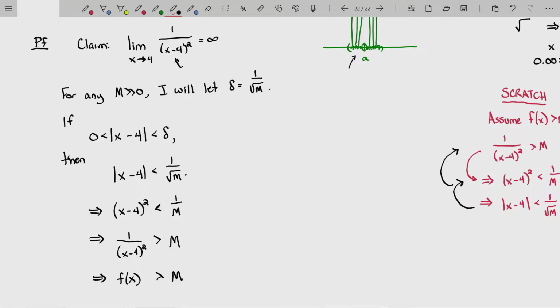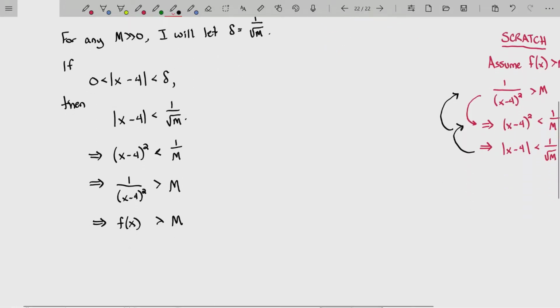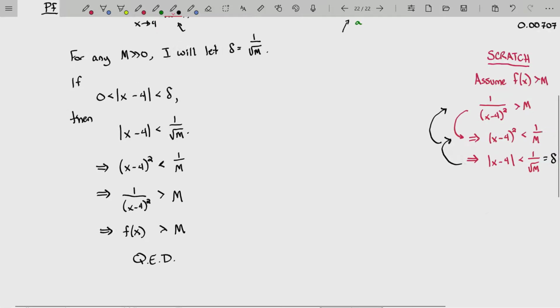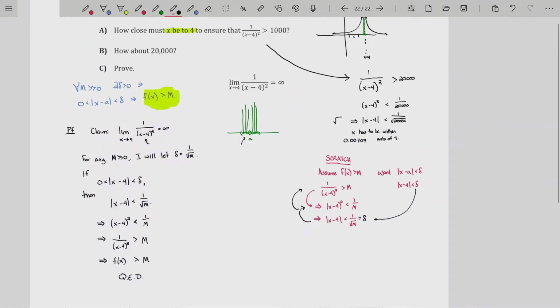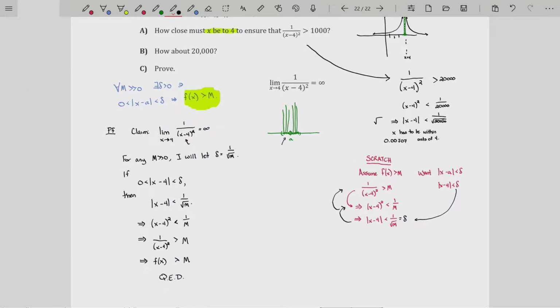And you say, well, then delta is just equal to 1 over the square root of 3 trillion. This proof still works. It works for any height you hand me. So, in your face. QED, quod erat demonstratum. That is how a proof for an infinite limit at a finite point works.